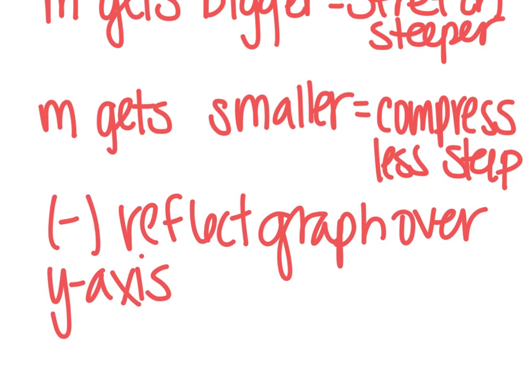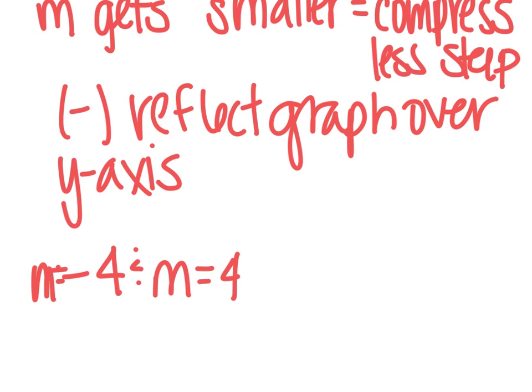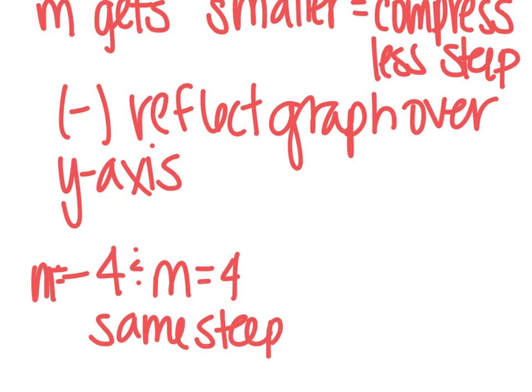So if you had a slope of -4 and you had a slope of +4, then that means that they're the same steepness. They just go different directions. The -4 is going to go down and the +4 is going to go up, but the lines are equally steep.